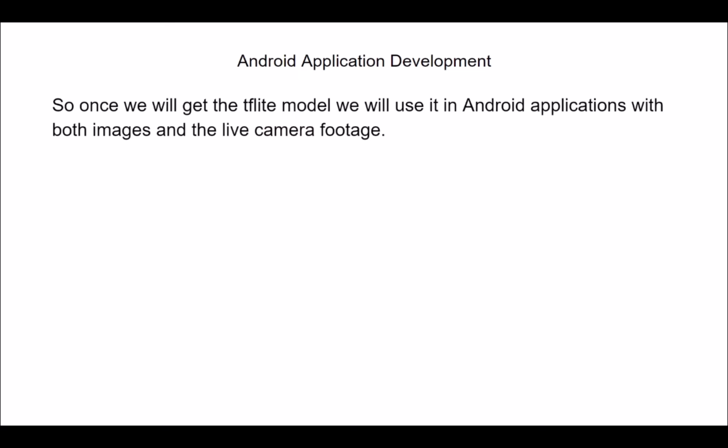Then we will pass this chosen or captured image to our object detection model, and our model will return the results. Based upon the results returned by the model, we will draw rectangles around detected objects. And secondly, we will build a real-time object detection application in which we will use our model with the live camera footage. So we are going to detect these fruits using the live camera footage.